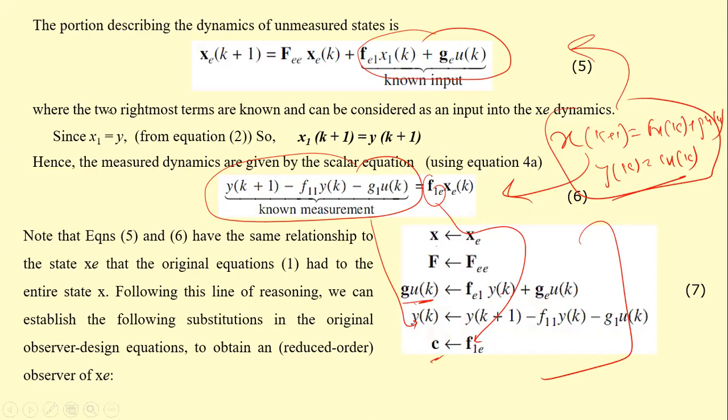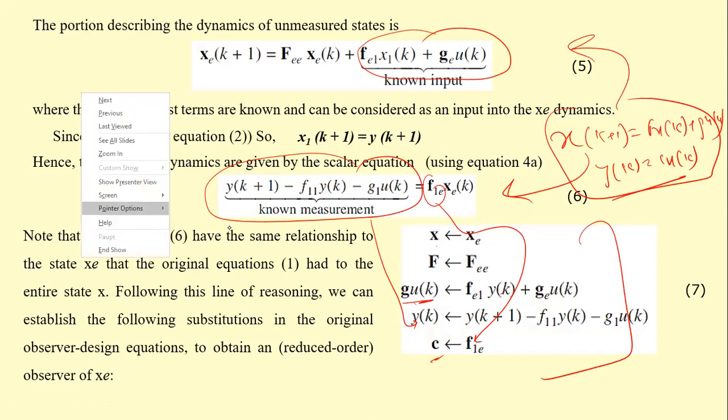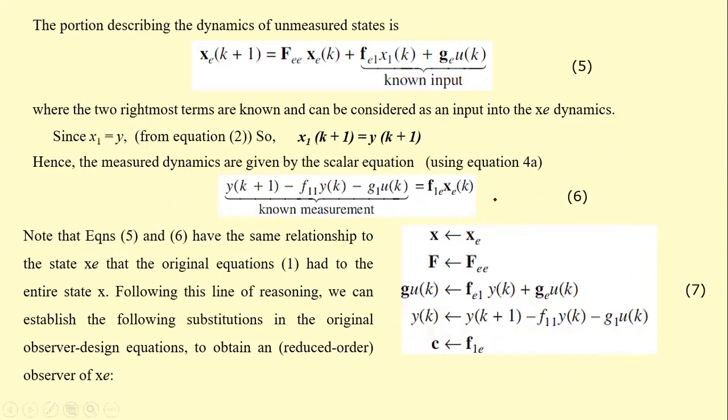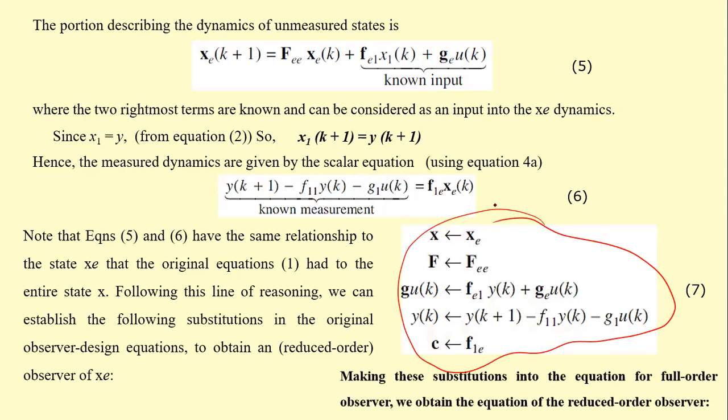And now what will we do? We will simply replace these parameters which are present in the full order state observer, right? So we will substitute these in the full order state observer equation, and then we will simplify that equation.